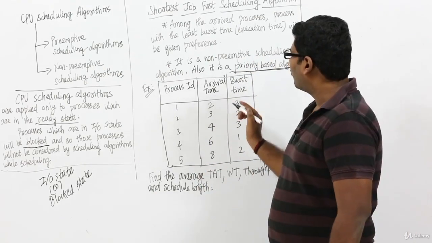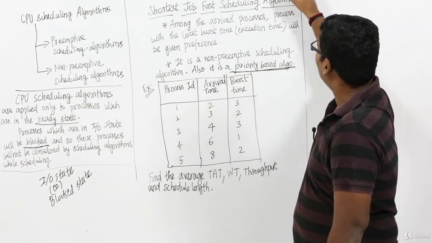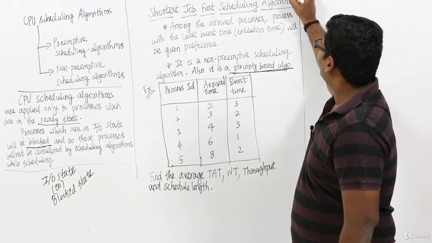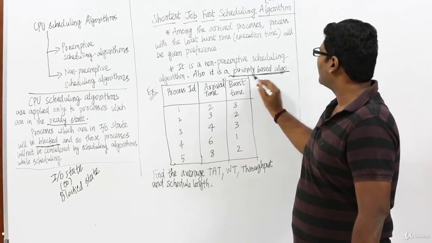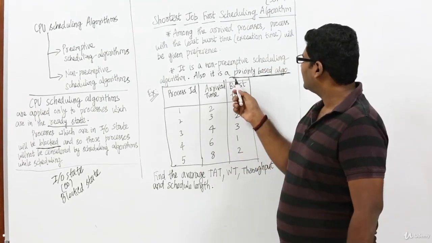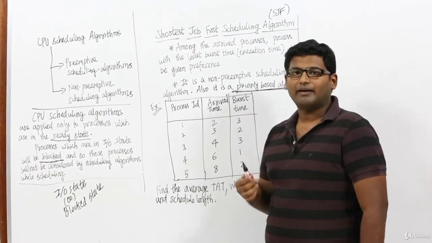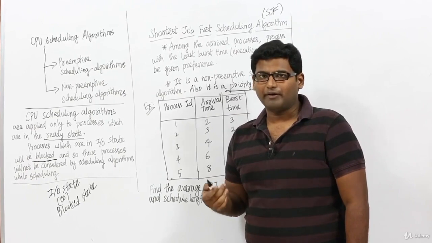But understand why the shortest job first scheduling algorithm is also called SJF, and why it is a priority-based algorithm: the process with the shortest burst time will be given higher priority.